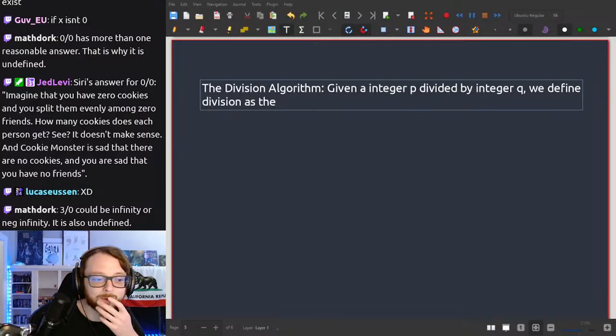Lucas, we need to go to the basic definition of division here and look at that, because it's not going to work if we try to let one of the numbers be 0.